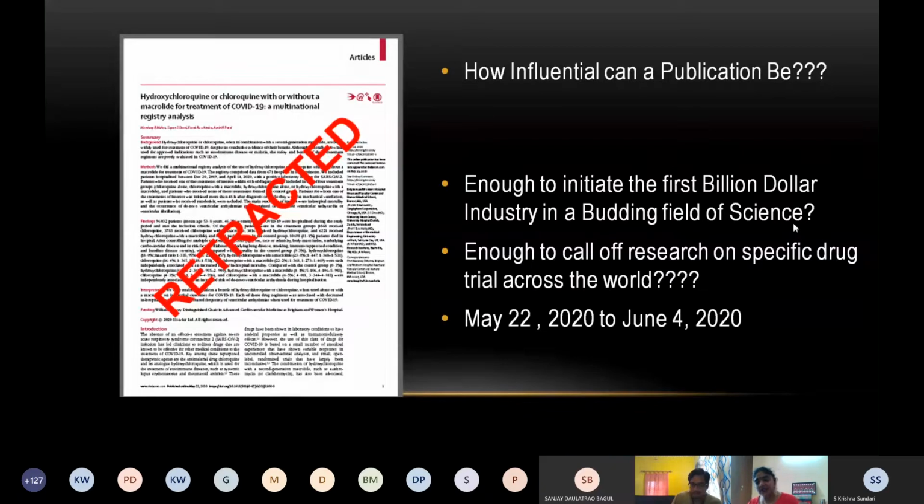So this tells you that a publication can be very important and very influential at the same time.